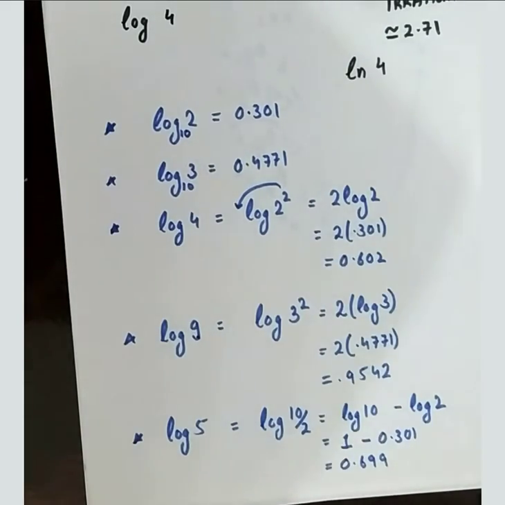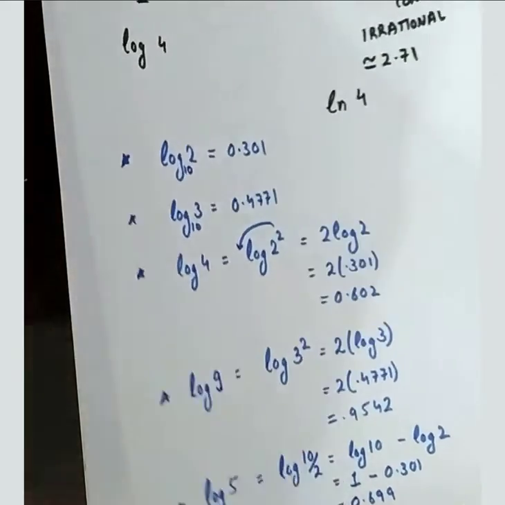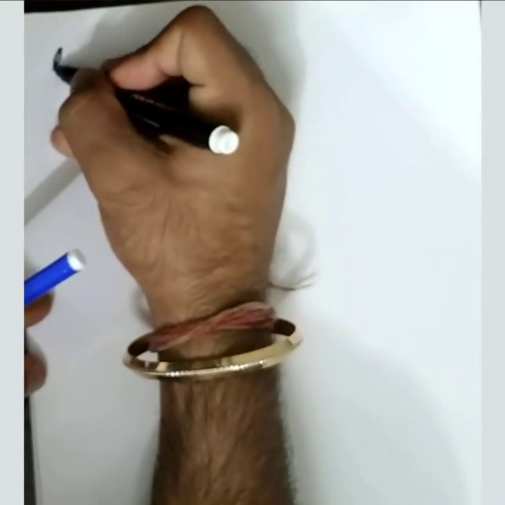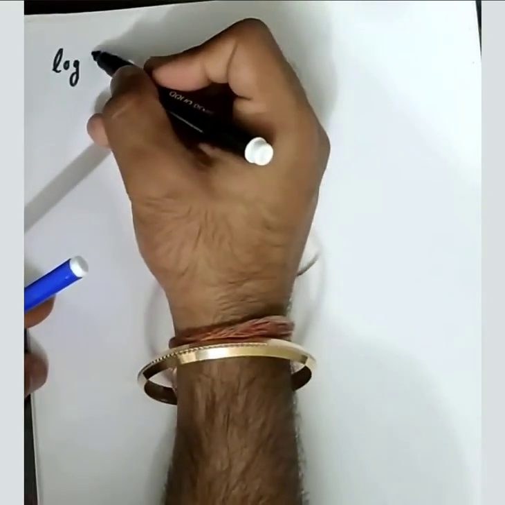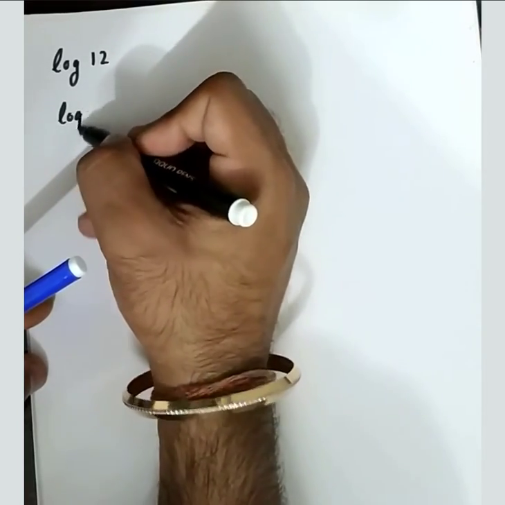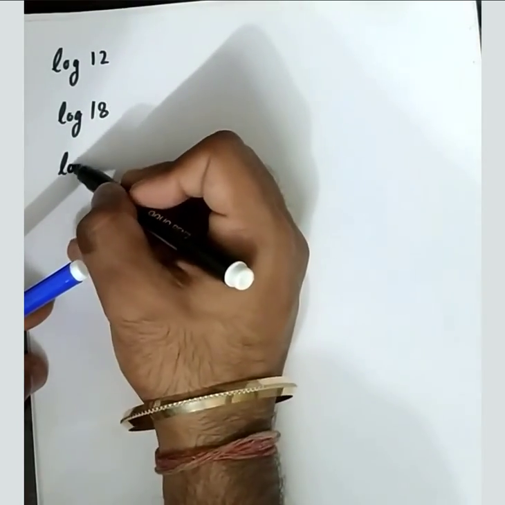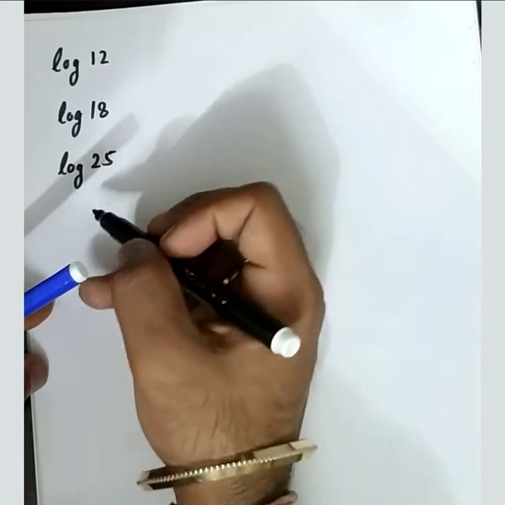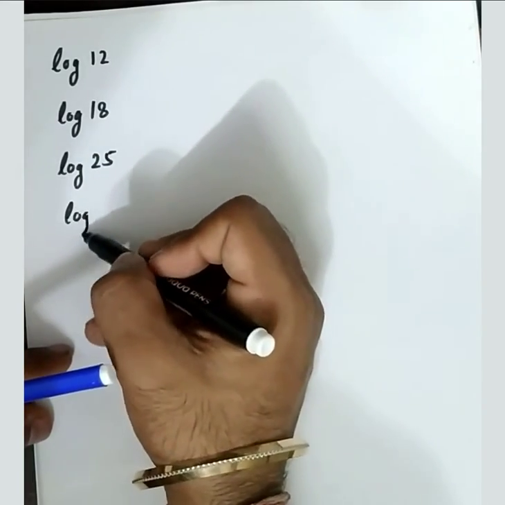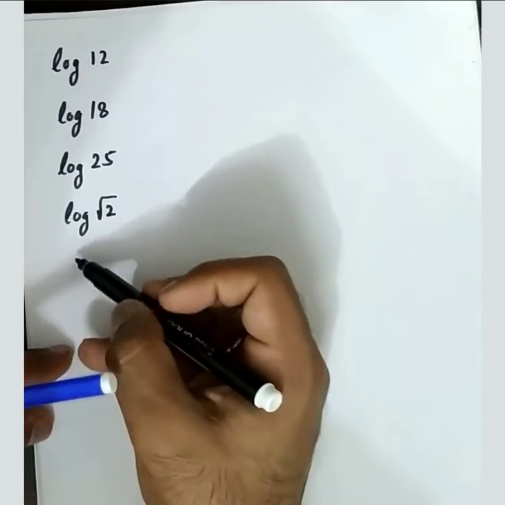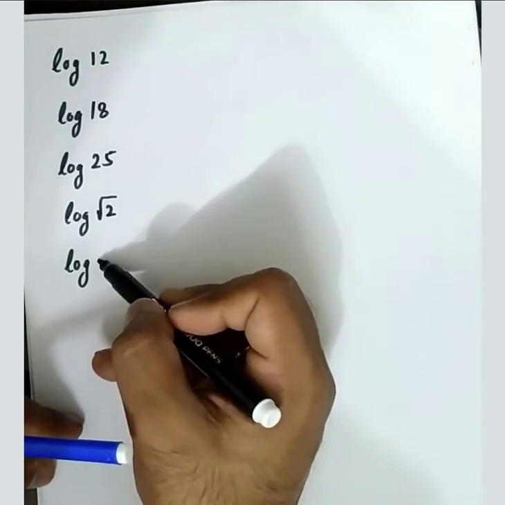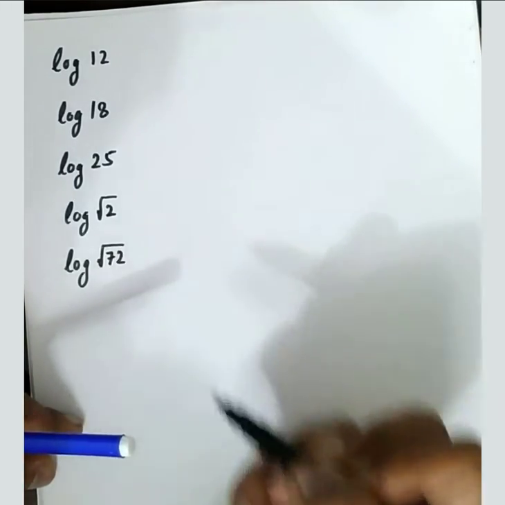I want you to try a few values at home as well, and we'll discuss them tomorrow. So the values which you can try to find out at home are log 12, log 18, log 25, log square root of 2, and log square root of 72.